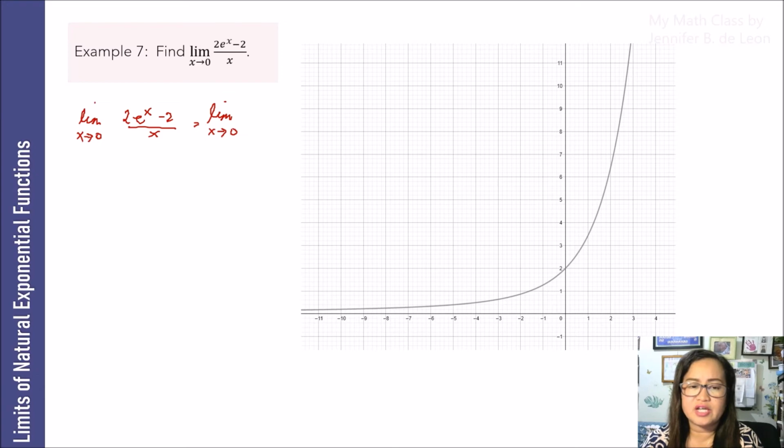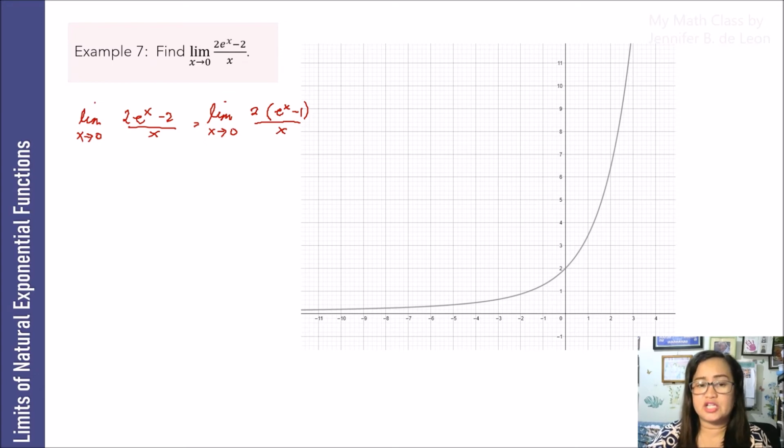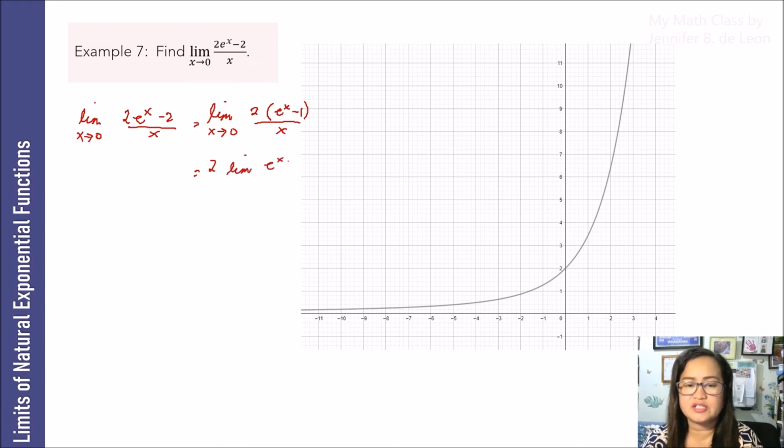2e raised to x minus 2 can be factored. We extract the greatest common factor, that is 2. So we will have 2 times e raised to x minus 1. Now copy our denominator. By applying the limit laws, the limit of a product of a constant and a function, you will have 2 times the limit of e raised to x minus 1 all over x as x approaches 0.